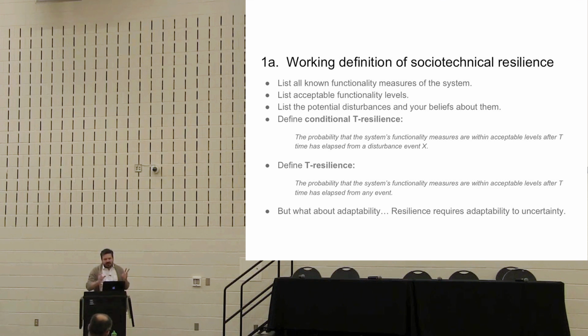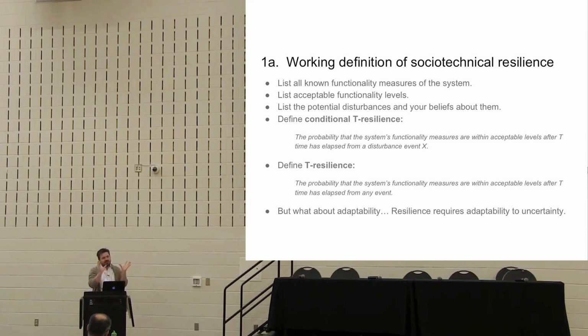And using that, you can define something called conditional T-resilience, to make it fancy, but it's not resilience. It's the probability that the system's functionality is within acceptable levels, conditional on a hazardous event after a given amount of time. But it's not a number. It is the entire joint distribution of your functionality variables.